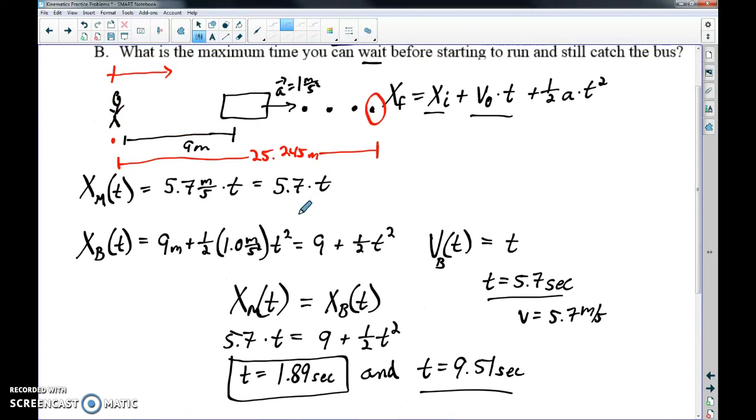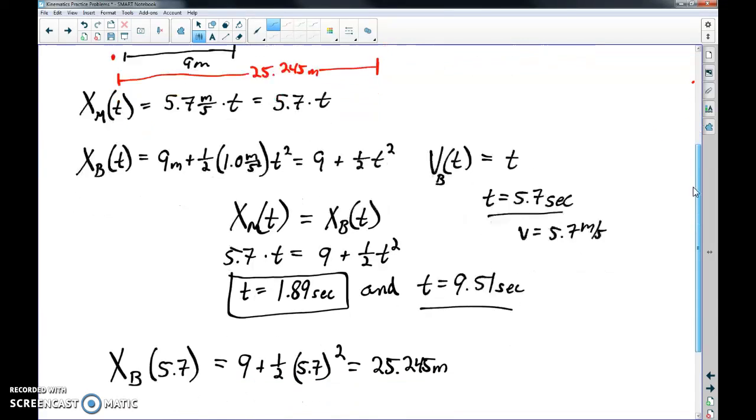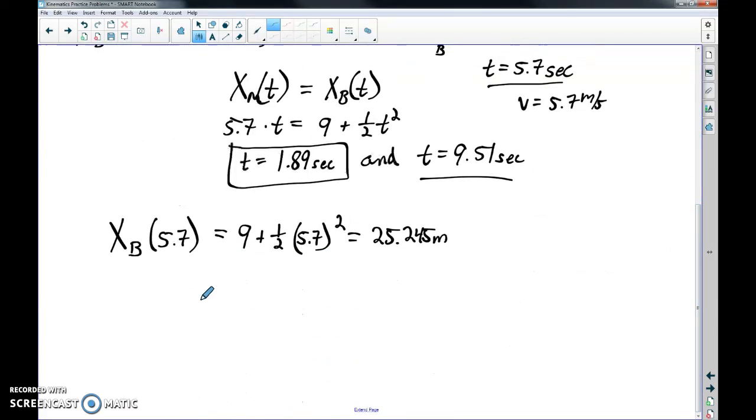How do I figure out how long I wait to do that? Well, I'm going to figure out how long it takes me to travel my 25.245 meters. So how do we figure that out? I'm traveling 5.7 meters per second. I'll go back down to the bottom. I want to travel 25.245 meters.